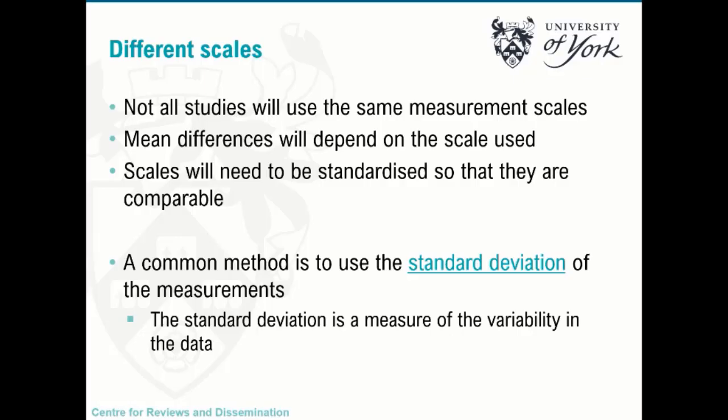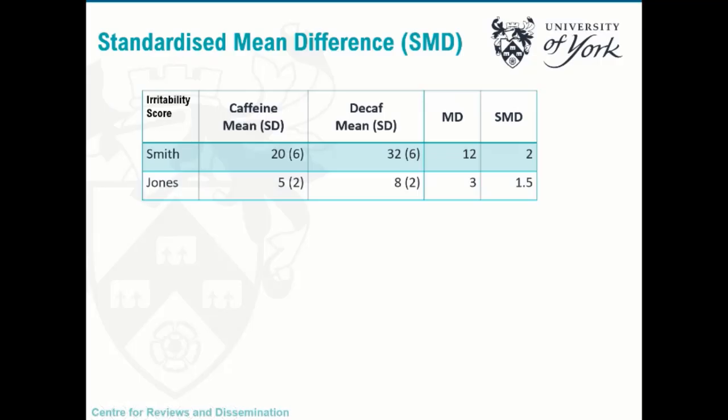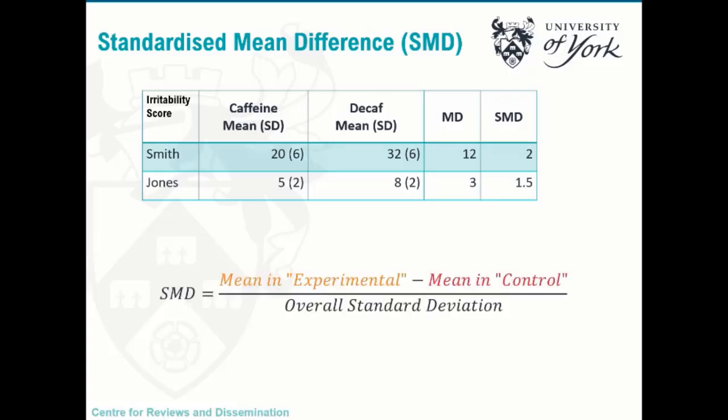The standard deviation is a measure of the variability in the data. Over here we have two studies, Smith and Jones, which report the mean irritability score for the caffeine and decaf coffee groups, as well as the standard deviation for each measurement, which are given in brackets. The standardized mean difference is calculated as the experimental mean minus the control mean divided by the overall standard deviation.